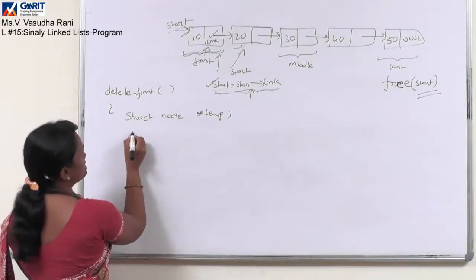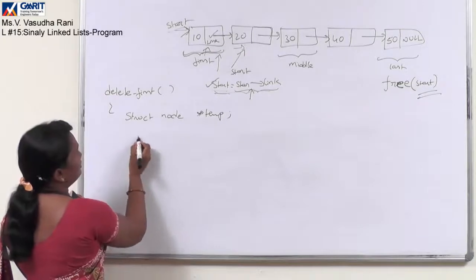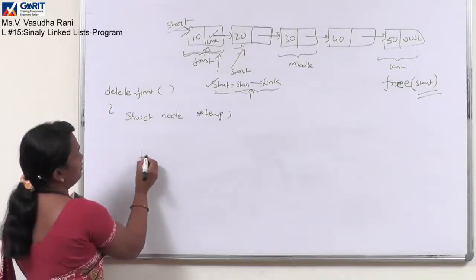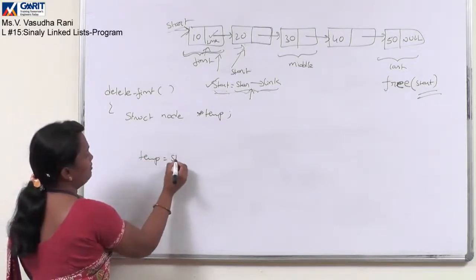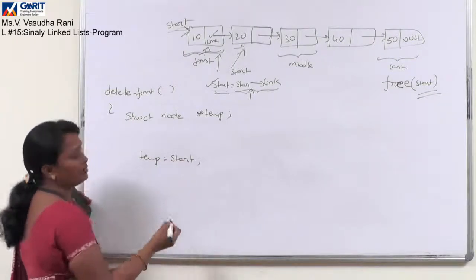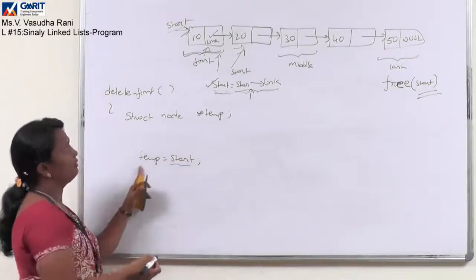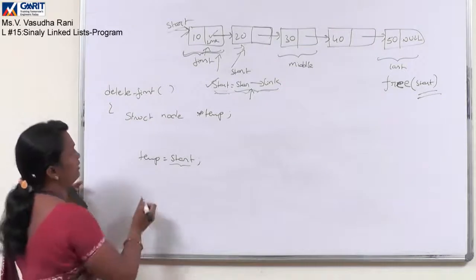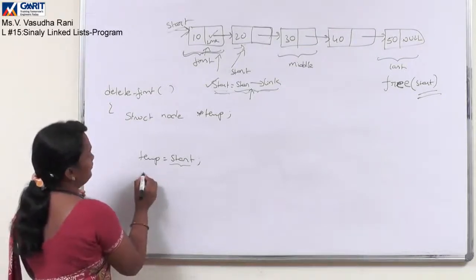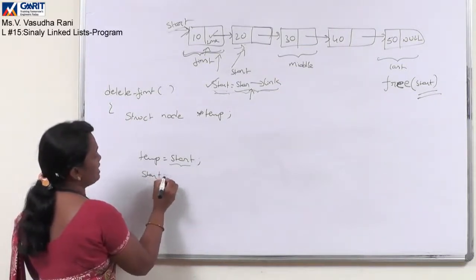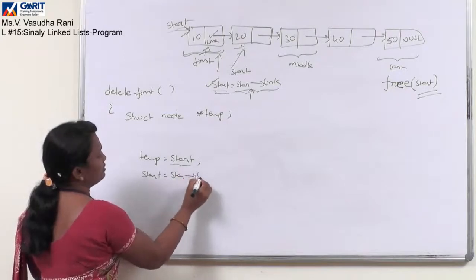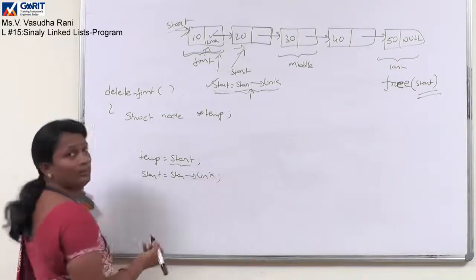Now what we can do is you can make temp equal to start. So the address of your start pointer you are storing in the temp pointer. Then you can simply make start equal to start link.